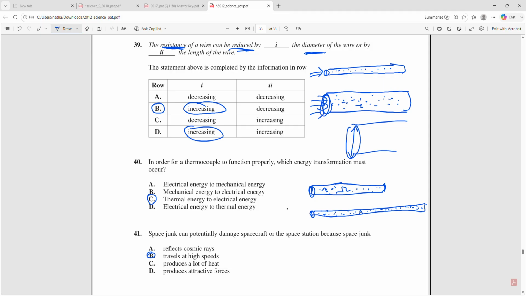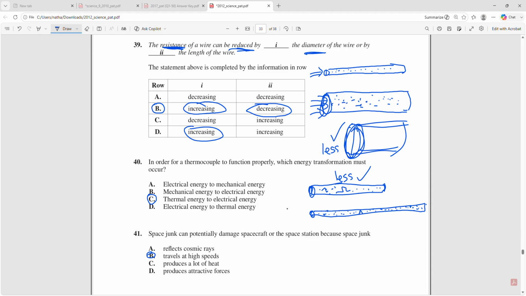So the second one is we can reduce the resistance by increasing the diameter, a bigger wire, or by decreasing the length. So wider means less resistance, and shorter also means less resistance.